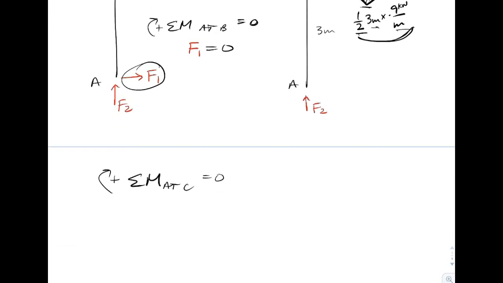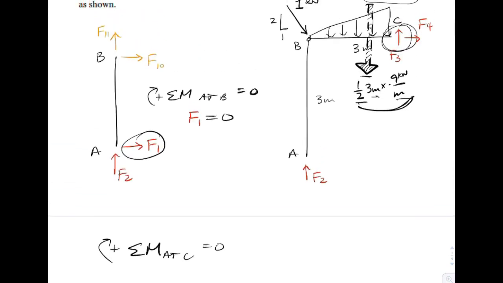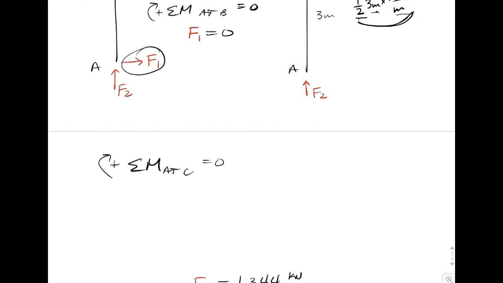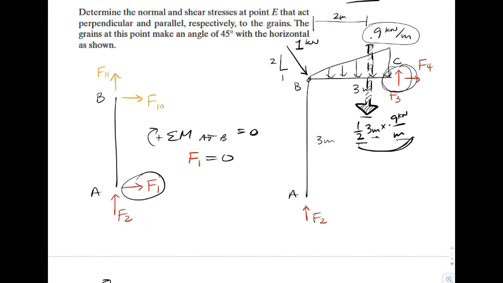If we do that, we end up with an equation. It's going to have a few pieces to it, but it's only going to have one unknown, F2. So let's see how this comes out. We've got F2 times 3 meters, its lever arm, the perpendicular distance to point C. We've got the statically equivalent point load.